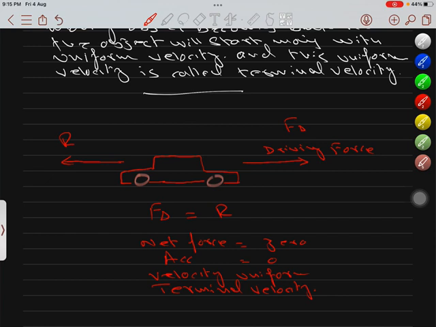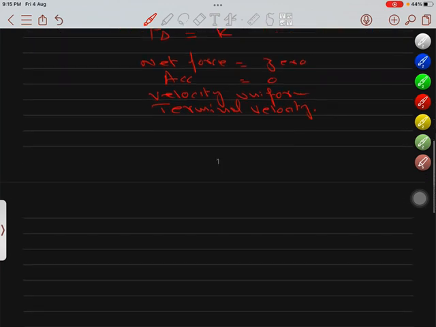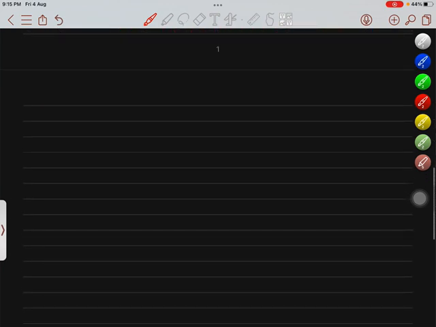Okay, here is one point. You must have observed that if you have a coin, this is a coin, and you have a small piece of tissue paper or a feather, whatever, very lightweight.